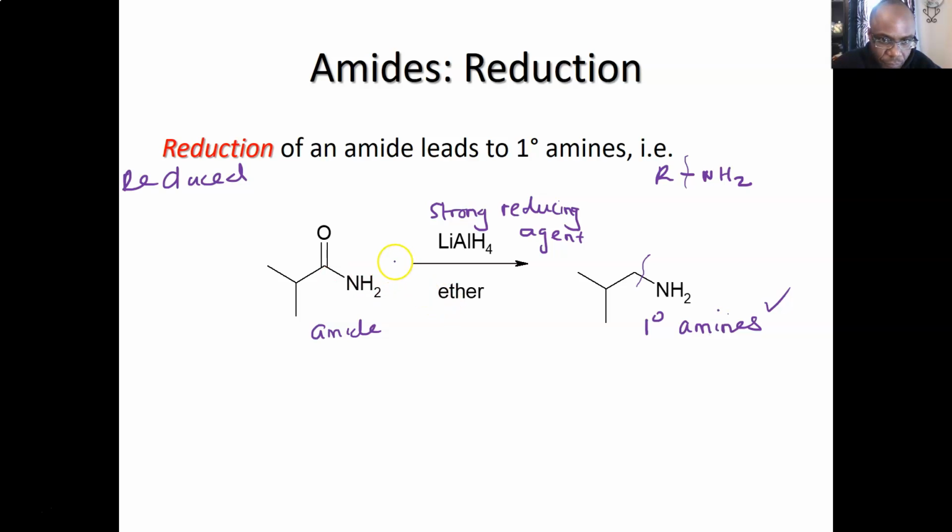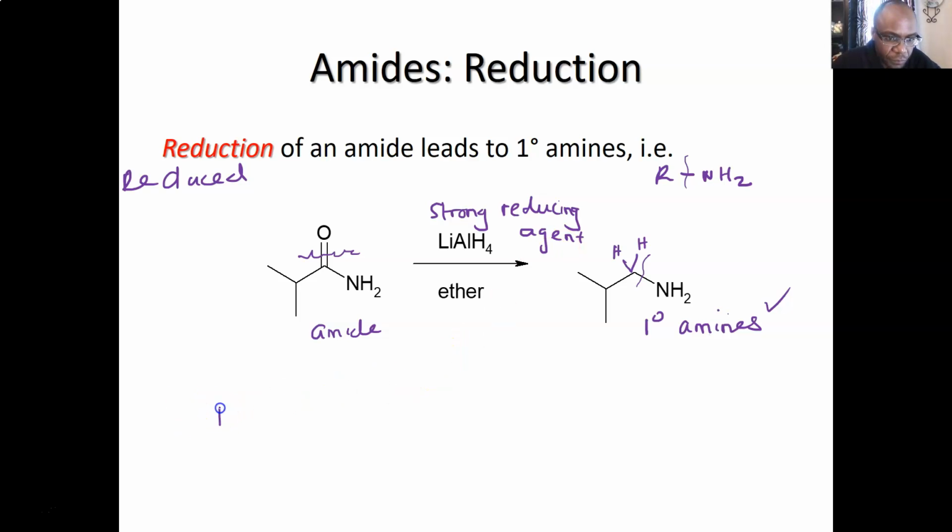So basically, reduction is removal of oxygen, right? Or addition of hydrogens. So here, this whole oxygen is lost. In its place, we are adding two hydrogens. So you're losing oxygen, you're adding hydrogens, two evidences of reduction.